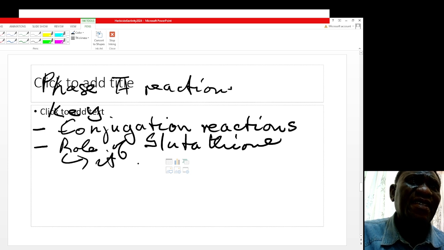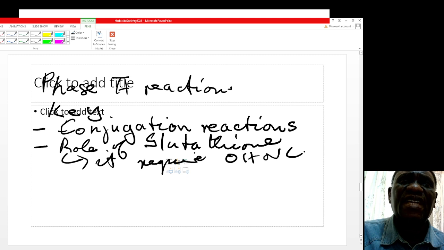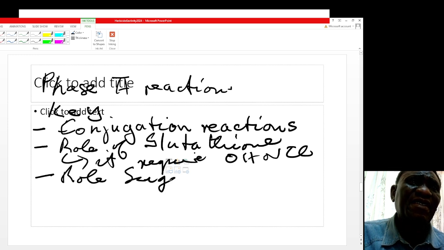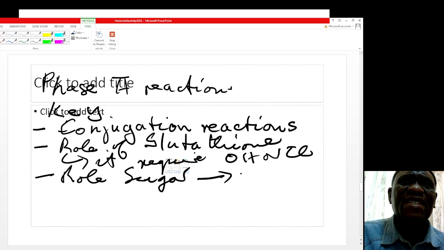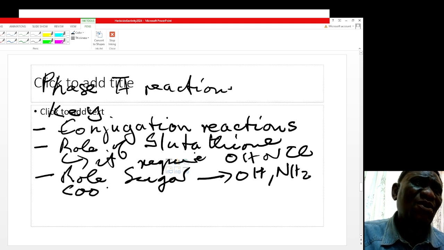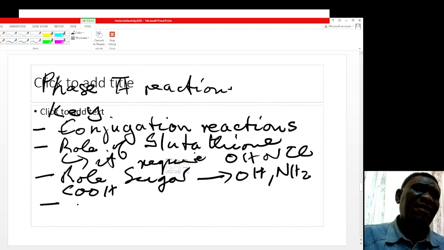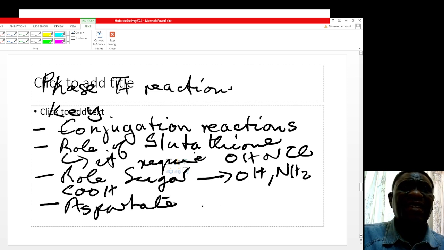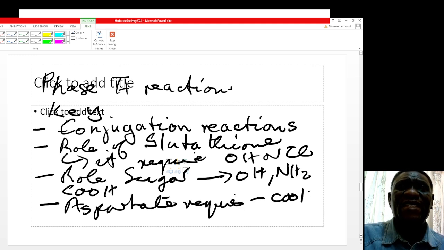It requires OH or Cl. Then the role of sugar. It requires OH, NH2, then COOH, then aspartate requires COOH.